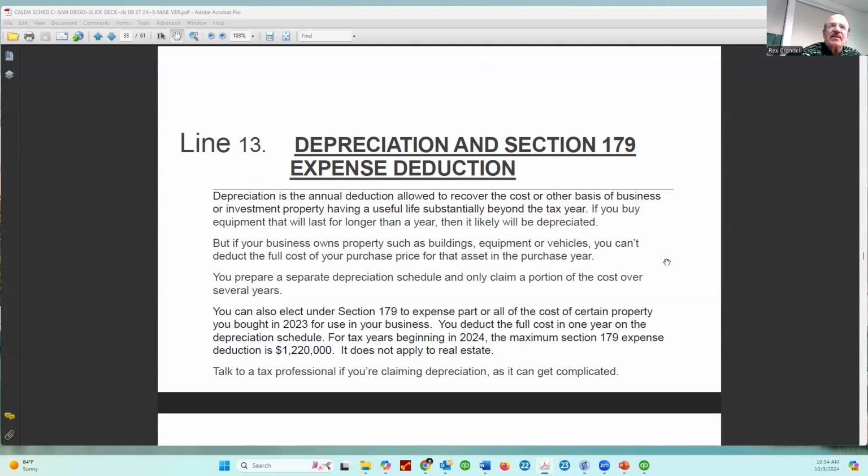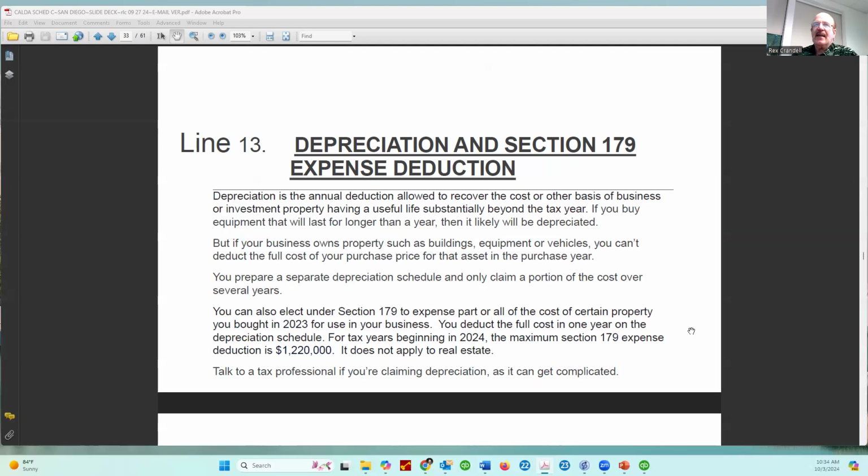You prepare a separate statement on your tax return called a depreciation schedule and only claim a portion of the cost you paid, but over several years. You can also elect under this code section 179 to expense all or a part of the business asset that you bought during the year.